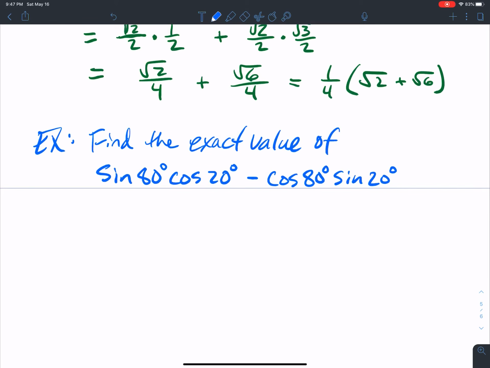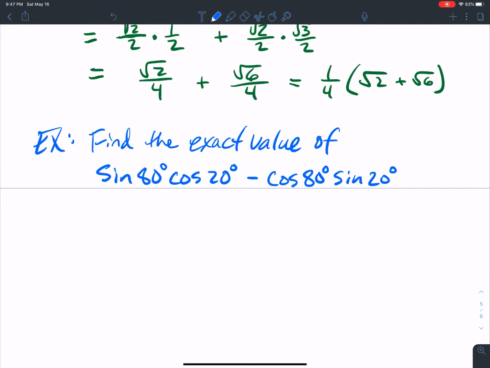So this one's kind of working against you, okay? This one is basically, we're utilizing a formula, and then we're going to try to simplify it back into one trig function, and then see if we can't just get the answer, okay?